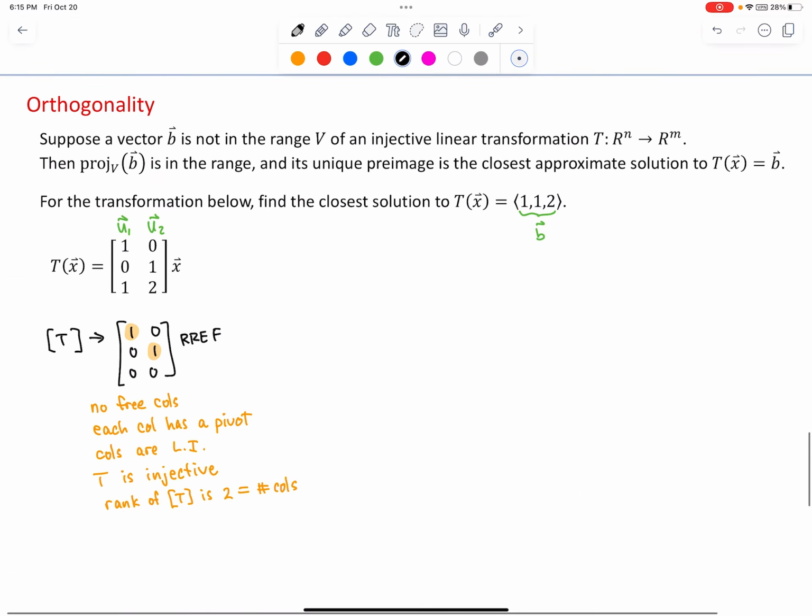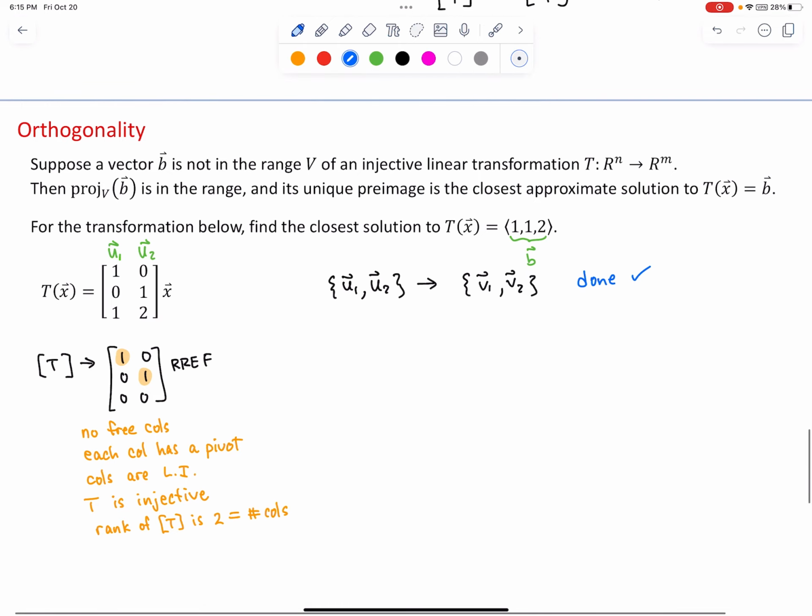If you were solving this from scratch, you would have to take these two non-orthogonal basis vectors and first convert them to an orthogonal basis, which we've already done on the previous page. Then we would have to use v1 and v2 to find the projection of this vector b onto this range.